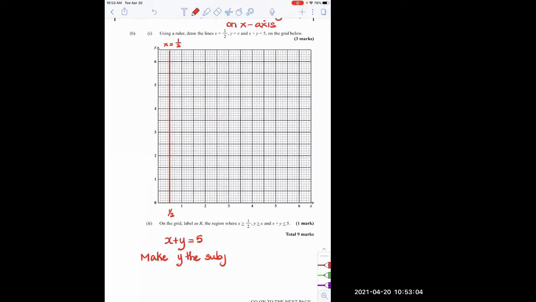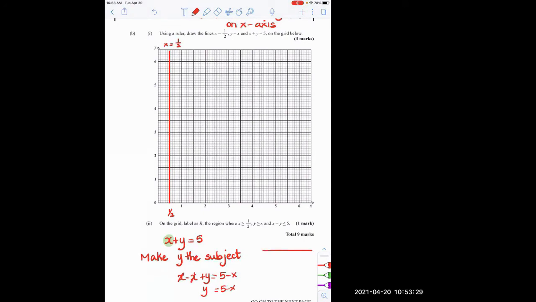If I have to make y the subject, what do I eliminate from the left-hand side? X. What is the inverse of plus x? Minus x. So x minus x plus y is 5 minus x. So this will cancel, and y is 5 minus x.